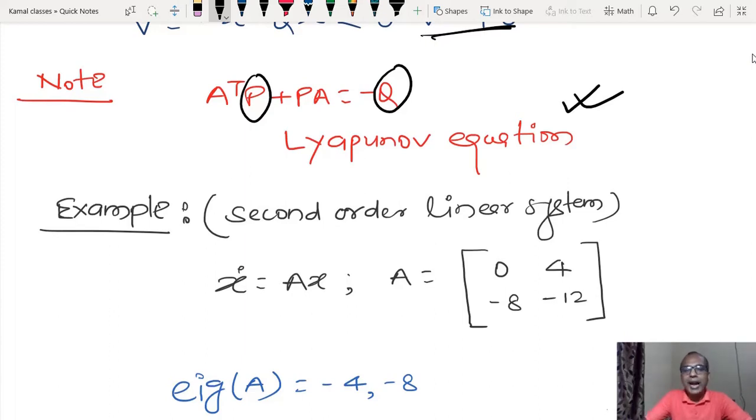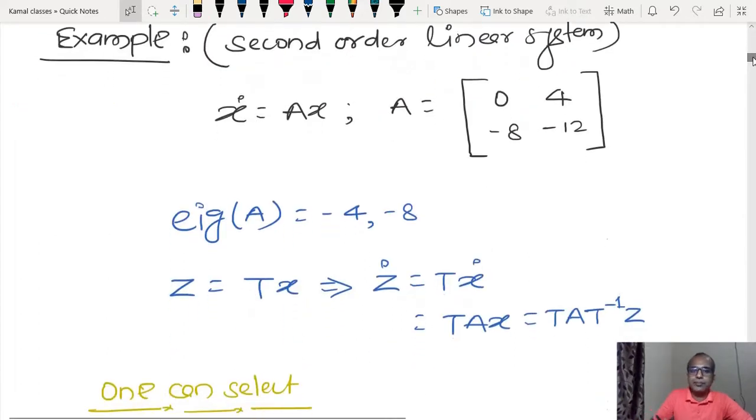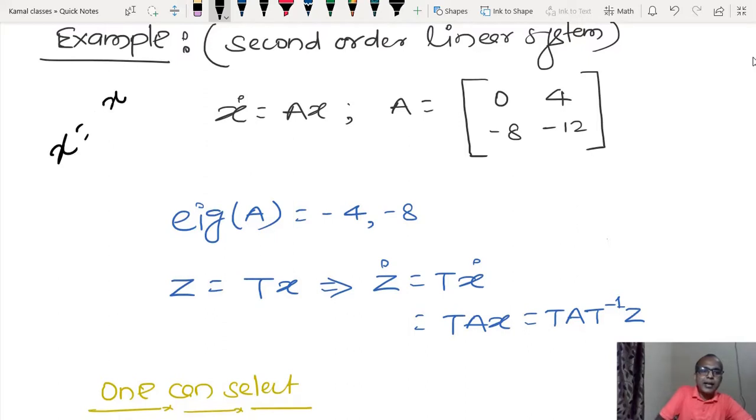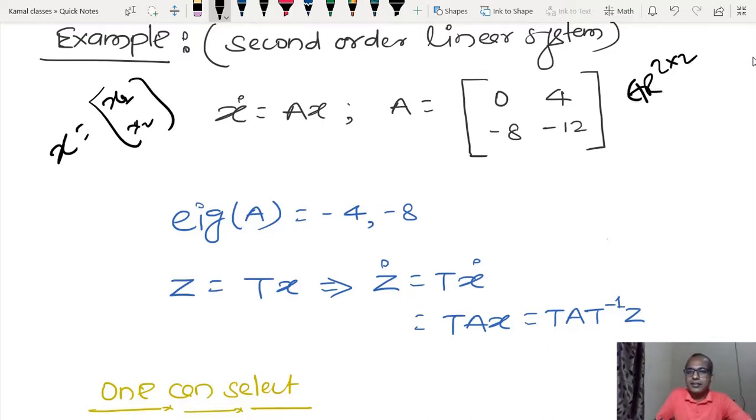For that I have taken a very simple example. I have taken a second order system, where x is nothing but x1, x2. I have two state variables, and you can see that A is a 2 cross 2 matrix.